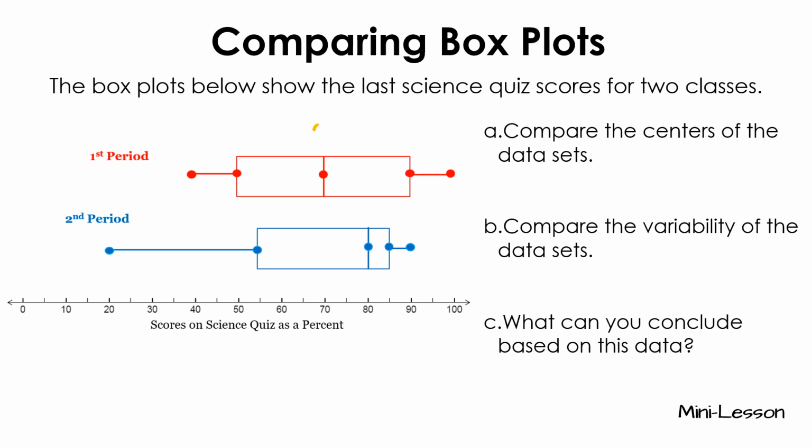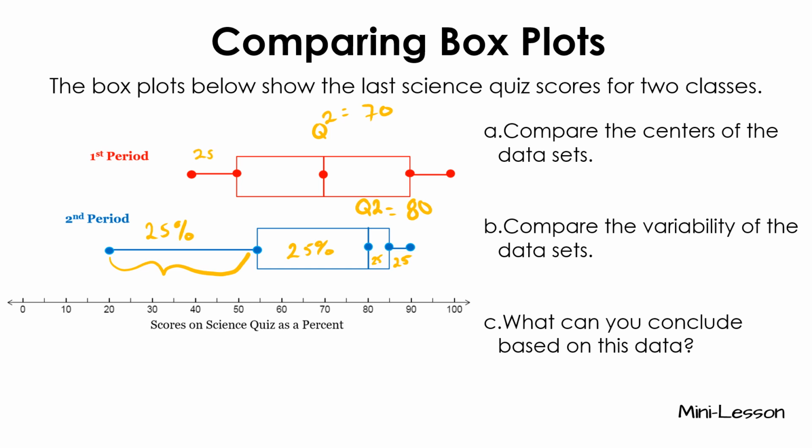So, the median here is 70, and the median here is 80. We do know that each of the quartiles is 25%. 25% here, 25% here, 25% here, and 25% here.